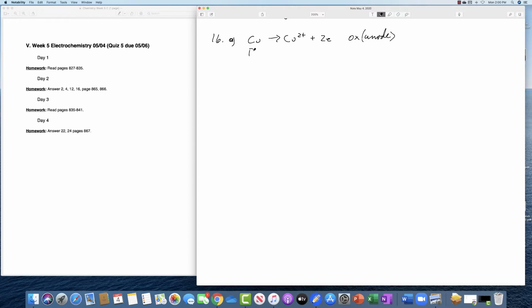And then the platinum ion gaining 2 electrons to form a platinum electrode is the reduction side and is the cathode.